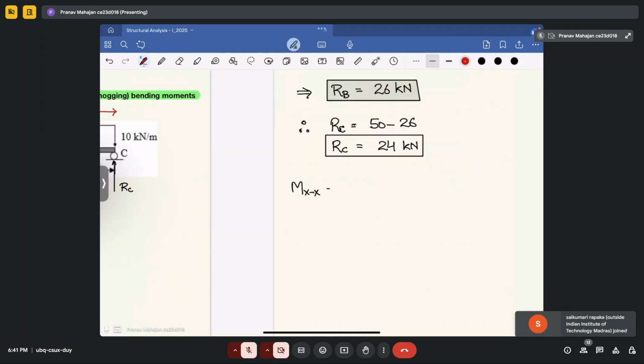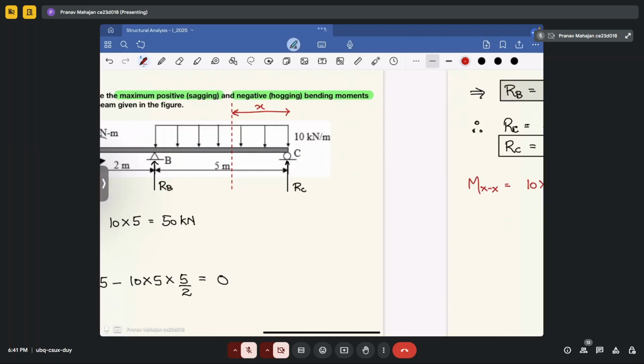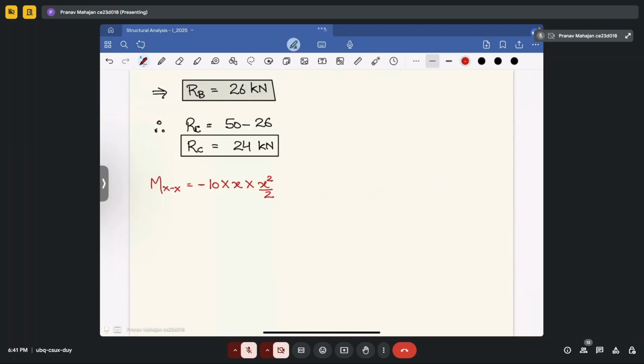Okay. So now we will find moment at XX. So moment at XX will be equal to 10 into x into x square upon 2. Okay. So in this case, since this is carrying a hogging moment, that will be coming out to be negative, plus 24 into x.